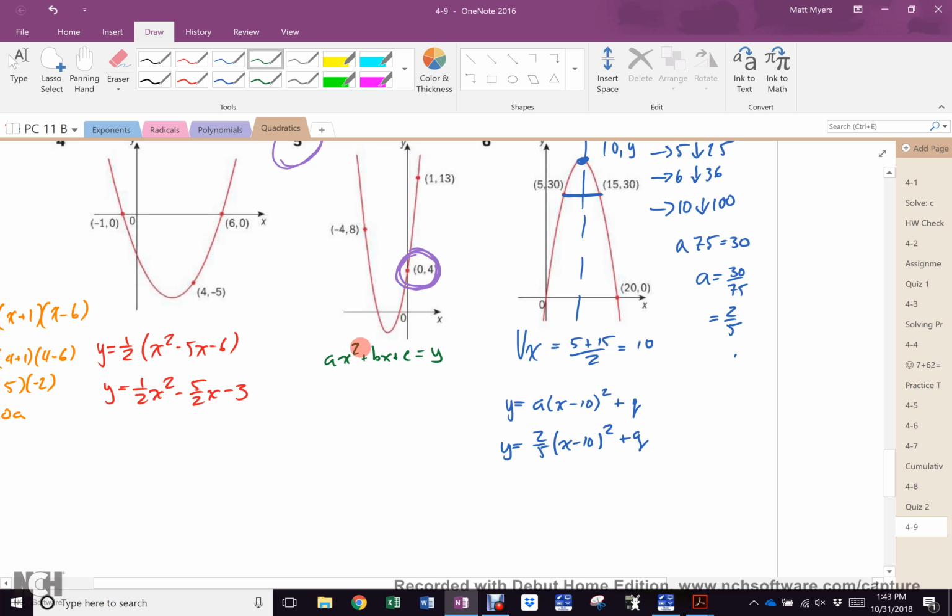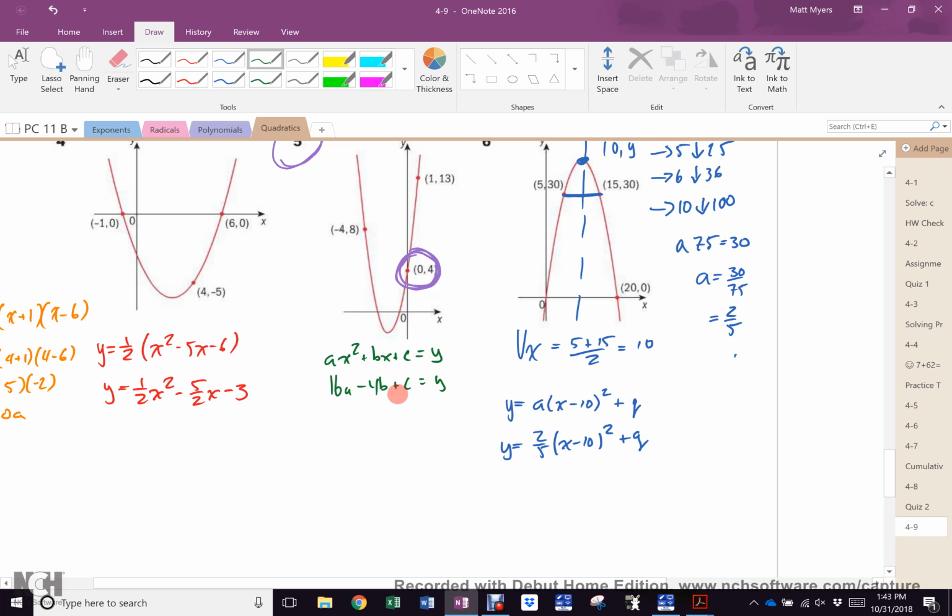What's 8 squared? No, you can't put 8. X. Oh, it would be 8. Okay. I can put -4. What's -4 squared? 16. 16a plus or minus 4b plus c equals y, correct?